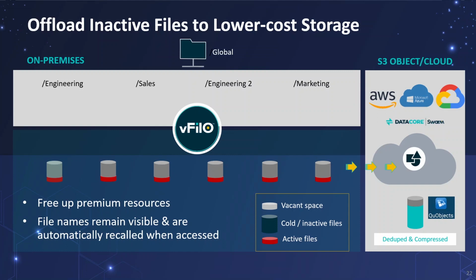The file names remain visible and are automatically recalled when access increases. You move from the object store back to the NAS volume. So everything is very simple and nothing changes from the user's perspective.